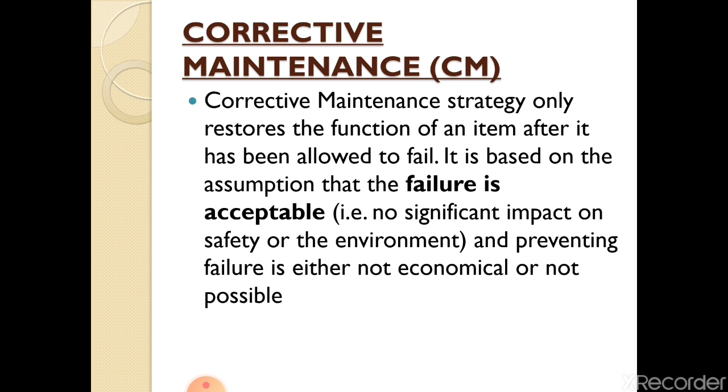So it is based on the assumption that failure is accepted, and preventing failure is either not economical or not possible. We also call it breakdown maintenance, where the machine has gone for repair and production is stopped, and the maintenance department will come and repair the machine so production runs again. So this happens only when the machine is under breakdown.